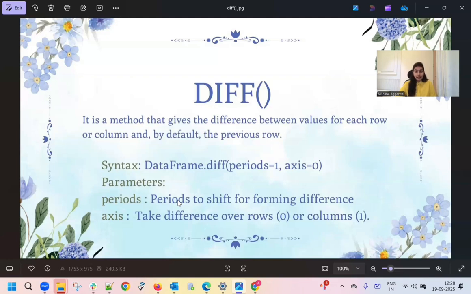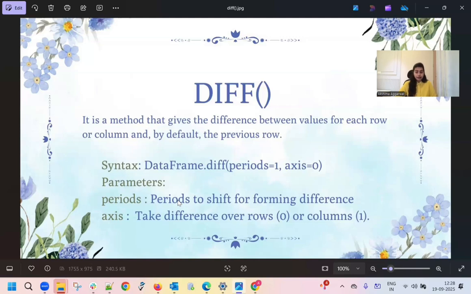Now, what is the syntax of the diff method? That is DataFrame.diff. It consists of two parameters, one is periods and second is axis. As we all know about the axis, axis equal to 0 represents the row, whereas axis equal to 1 represents the column.